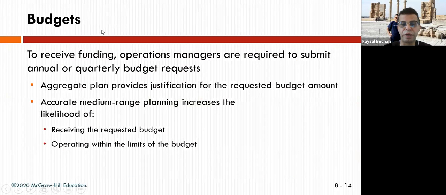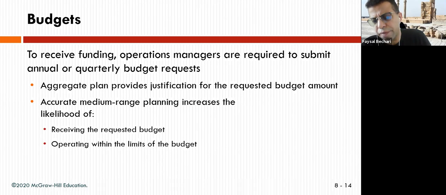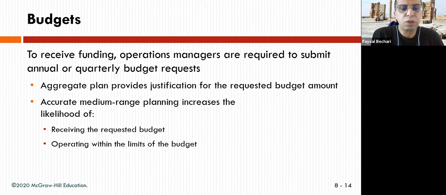Now you have the budgets. Usually operation managers submit their budget according to the requirements of the management, and they adjust the budget according to the demand of the market. To receive the funding, operation managers are required to submit annual or quarterly budget requests.